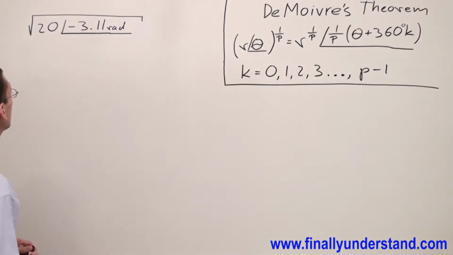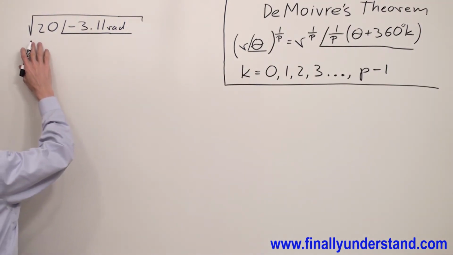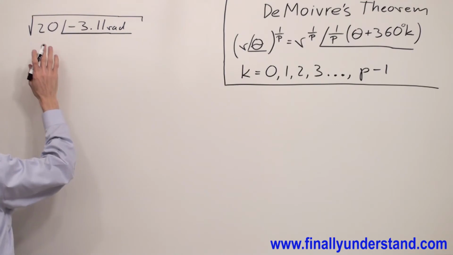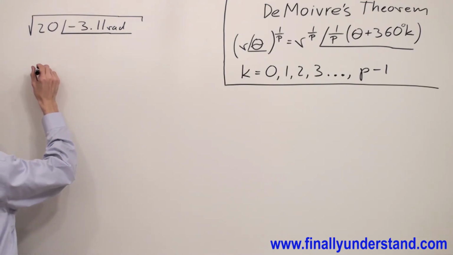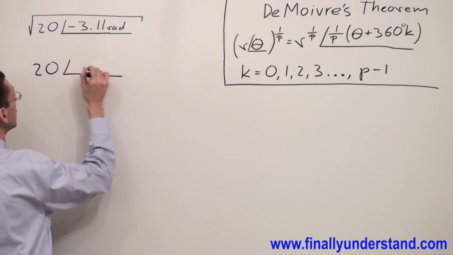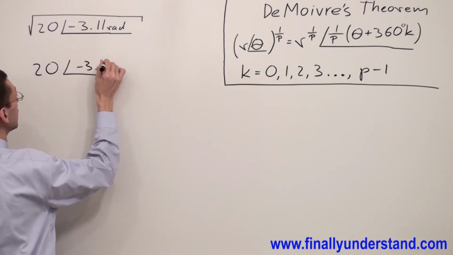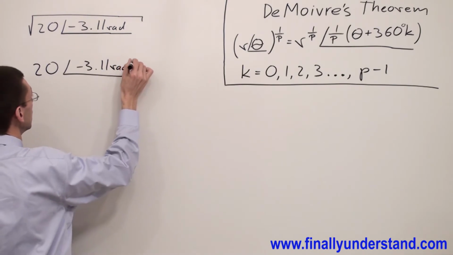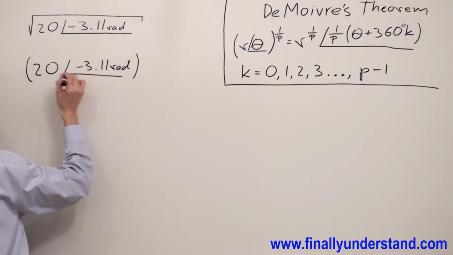So what am I supposed to do first? I'm supposed to convert the radical to a power. So I have 20 and angle of negative 3.11 radians raised to power 1/2.